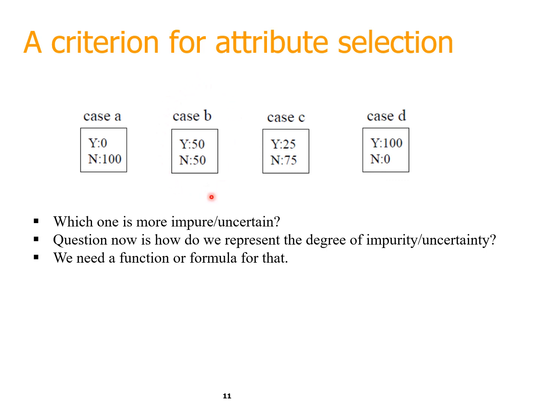It should be less than this and greater than this. Why? Because this is more impure than this, but this is more pure than this, right? So the output should be less than this and greater than this.